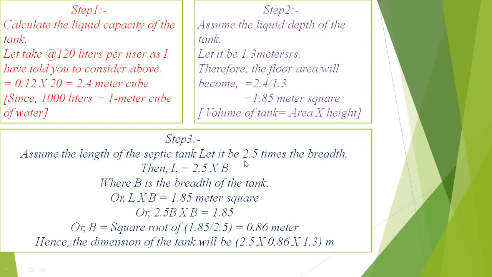Length into breadth, or 2.5 into B, is equal to 1.85, or B is equal to square root of 1.85 divided by 2.5, which is equal to 0.86 meter. Hence the dimension of the tank will be 2.5 meter by 0.86 meter by 1.3 meter, that is 1.3 height, 0.86 meter breadth, and length will be 2.5 meter. That will be the design steps.